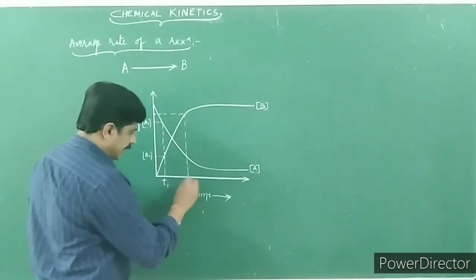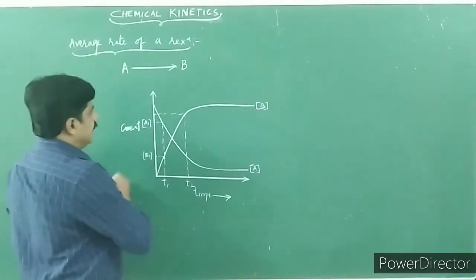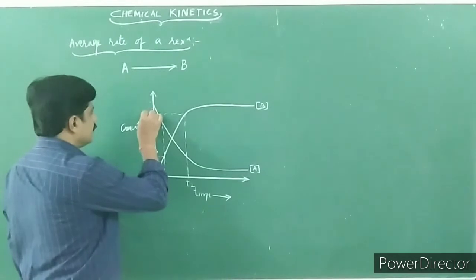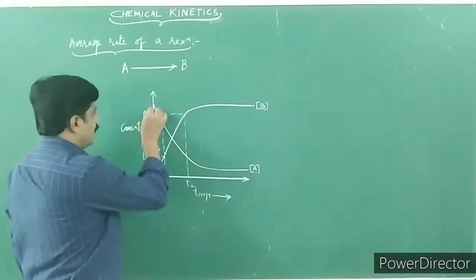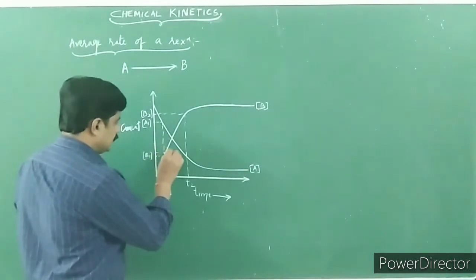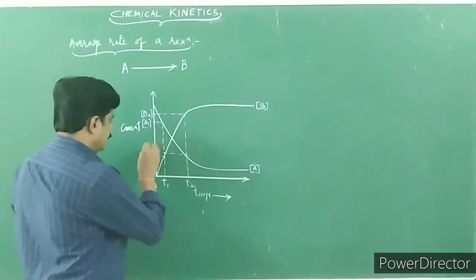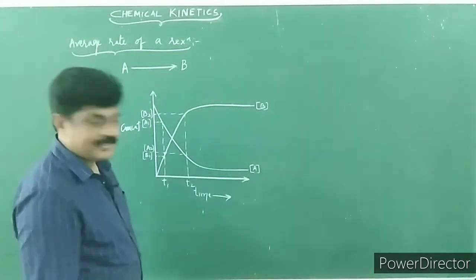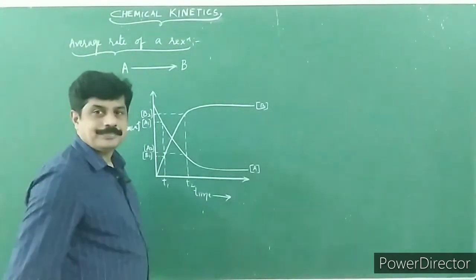Look at here, this is at time T2. Let B2 be the concentration of product and A2 be the concentration of reactants at T2.